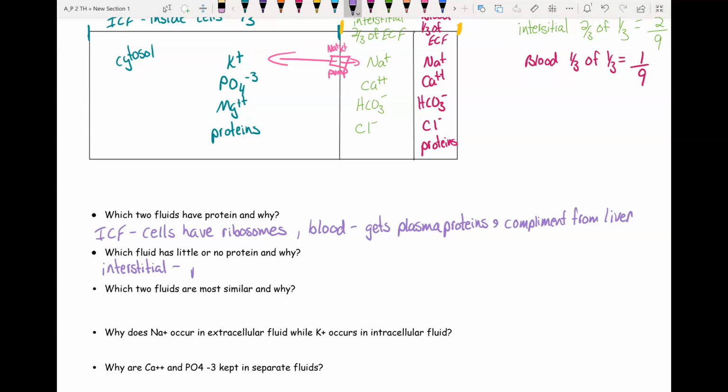So the proteins in cells can't fit through the cell membrane to get out, and the proteins in blood can't fit through the capillaries. Proteins are fairly big molecules.